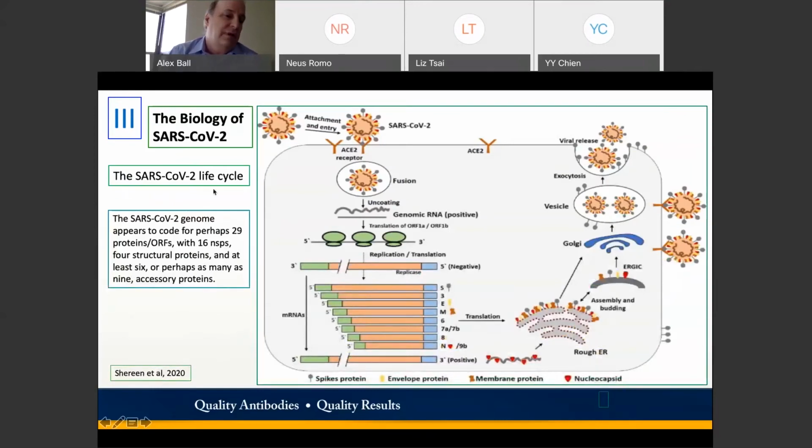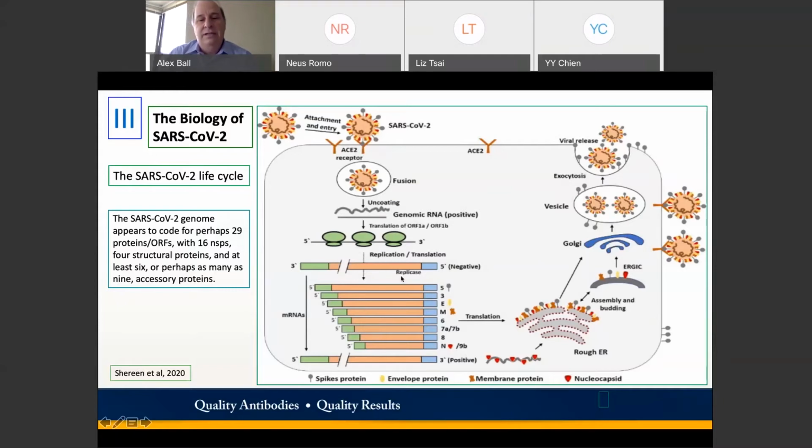If you look at the SARS-CoV-2 life cycle, just to give you an idea of how the virus infects a host cell, it comes in through the ACE2 receptor, and then as we see, one of the co-receptors or cofactors is a serine protease called TMPRSS2. The virus is taken in, and it's a positive sense RNA genome, so it can immediately be translated to make its replication machinery.